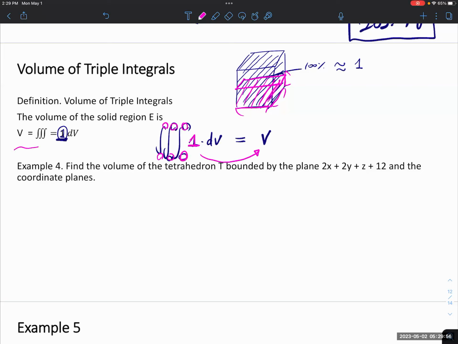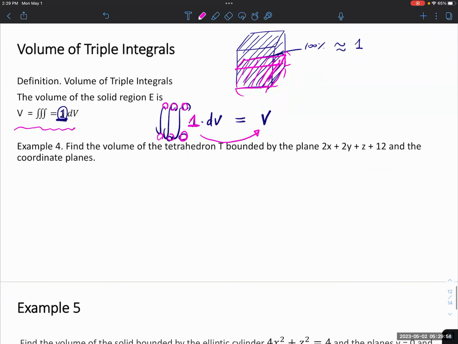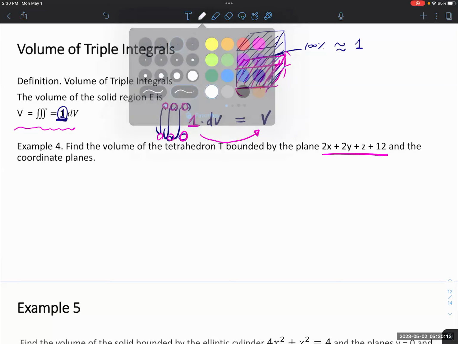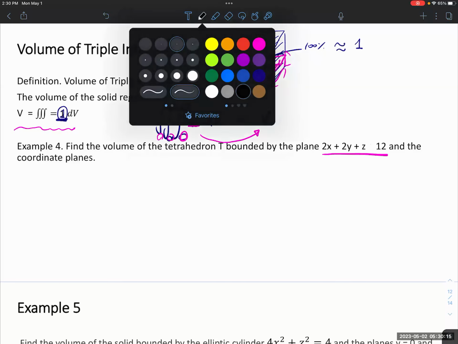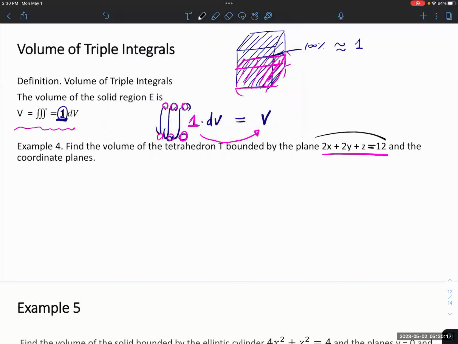So this is just the idea, and let's take a look at the question so that you will see what we're actually doing. Find the volume of the tetrahedron. As you see, this is the information. Actually, I have a little bit of a typo; it should be equal. This is the information for the interval for x, y, z. But do you see a given function of x, y, z?